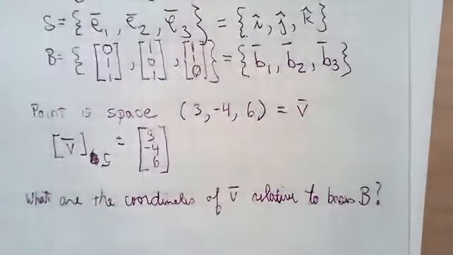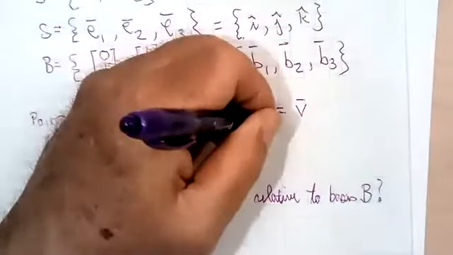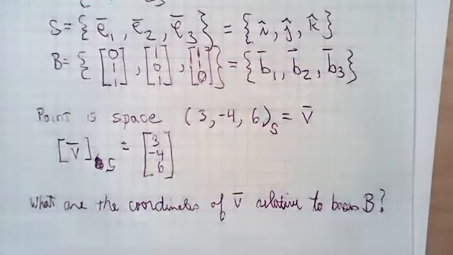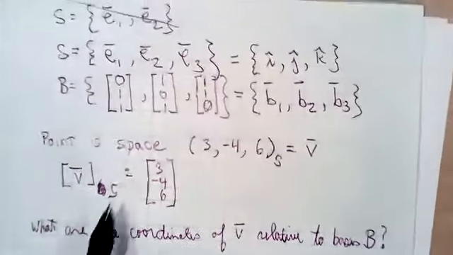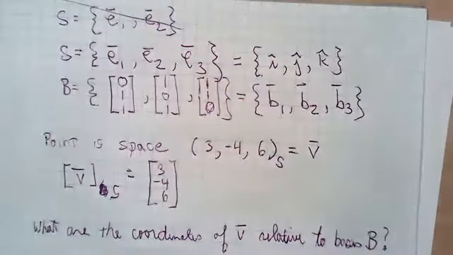Okay, so I know what the coordinates of this point are relative to the standard basis. If I wanted to emphasize that, I could put a subscript S there: 3, minus 4, 6. But what are its coordinates relative to this new basis?